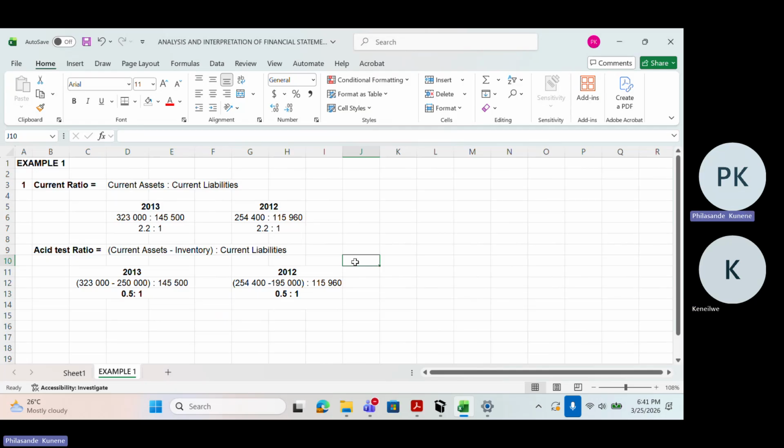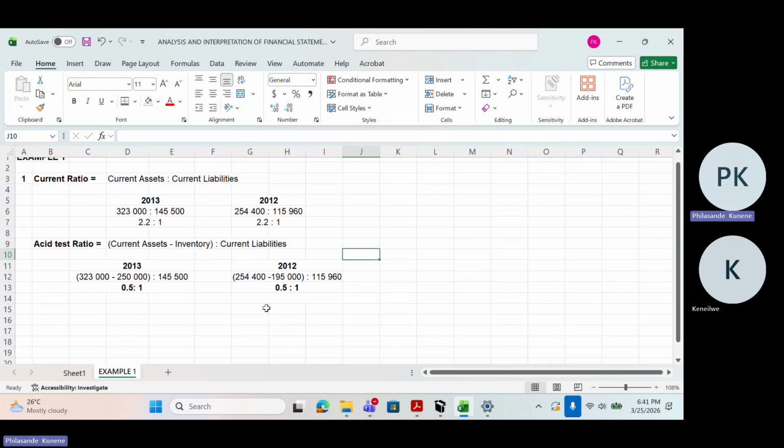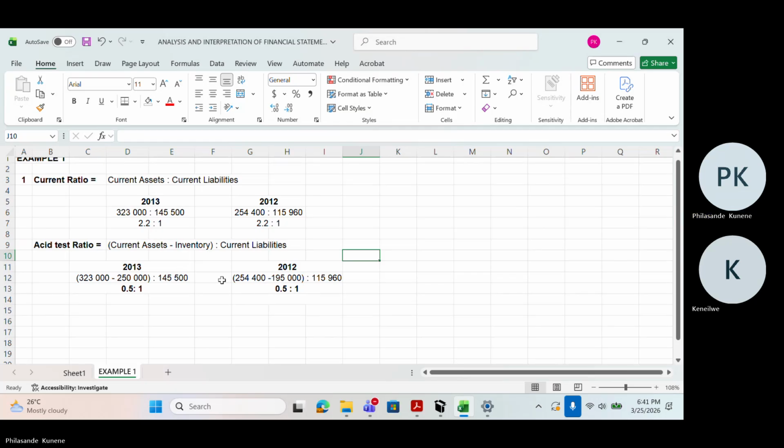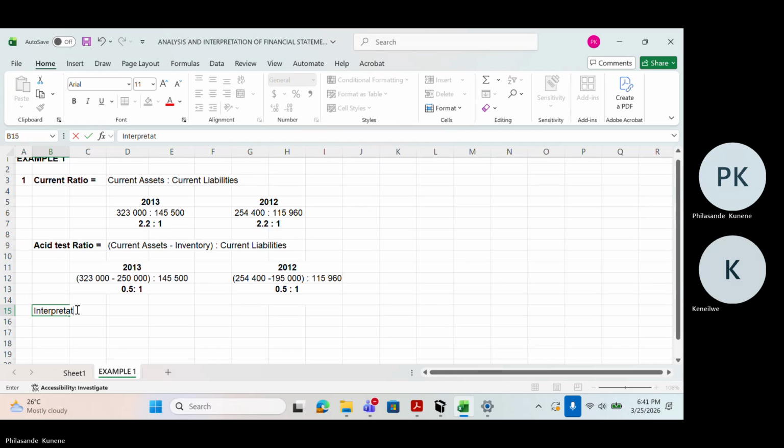Now, commenting on ratios like this, we have the current ratio and the acid test ratio. Interpretation is more important.